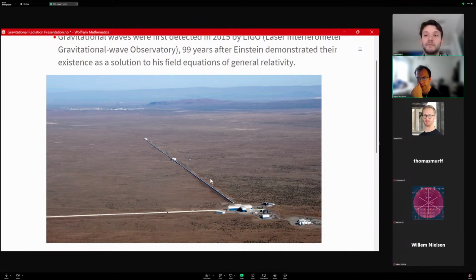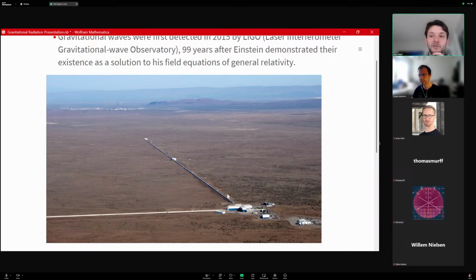Interesting. And so, yeah, these arms are each 4 kilometers long, so a pretty impressive system here. And they need 2 of them to actually get good information. So this is the one in Hanford, Washington, and there's another one in Livingston, Louisiana.